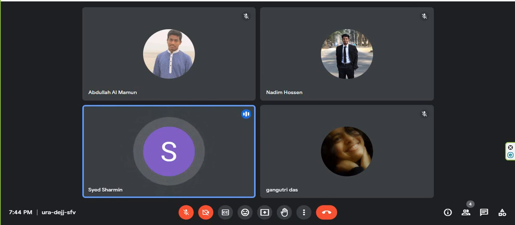As Mamun said, and Nadim also said, rhetoric is a technique of communication. So rhetoric is a technique as well as an ornamentation of using words. So this kind of ornamentation or adornment or technique is very important for all writers, for writing.